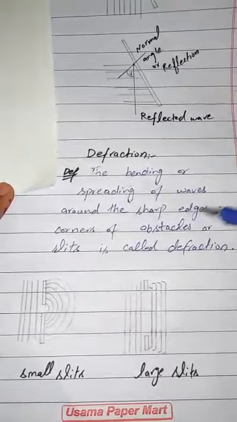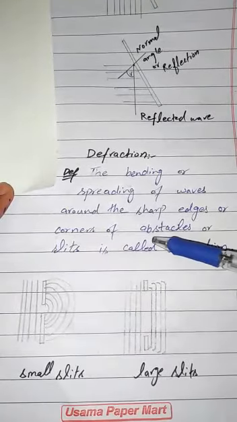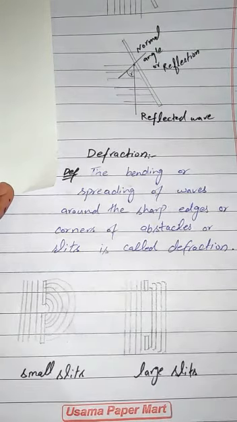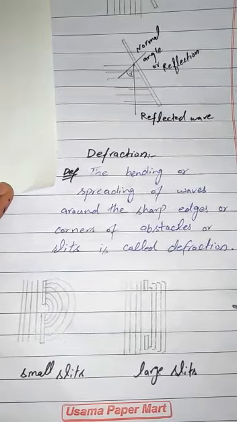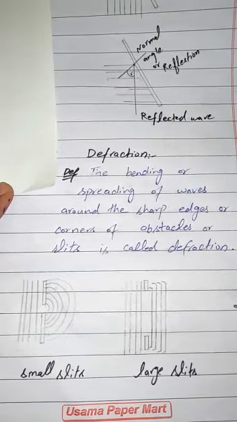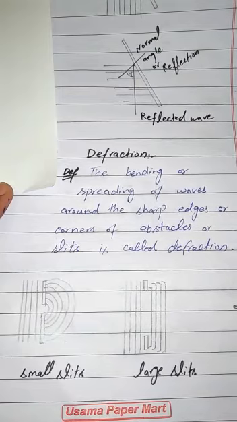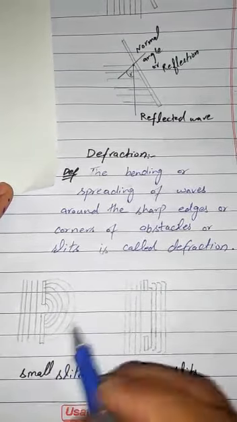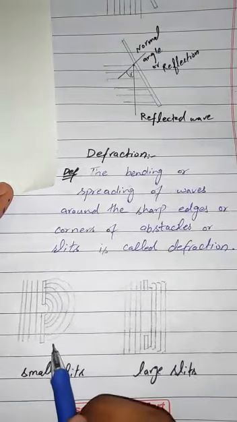The bending or spreading of waves around the sharp edges or corners of an obstacle or slit is called diffraction. Now we observe the phenomenon of diffraction of waves. Generate straight waves in a ripple tank and place two obstacles in line in such a way that the separation between them is equal to the wavelength of the water waves, like this. This is a diagram of it.